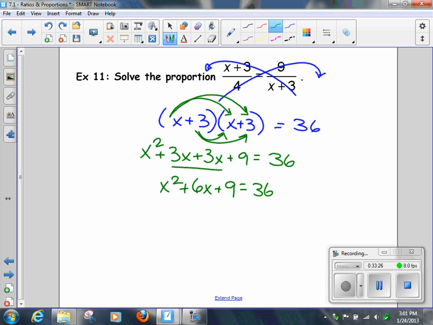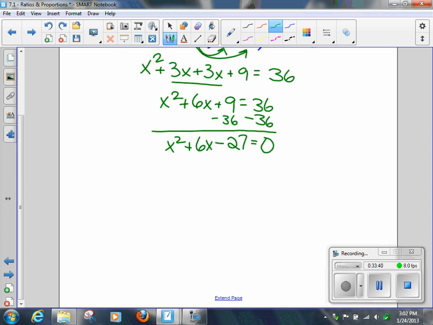Then I subtract 36. Now, some of us went another way, and that's okay as long as we end at the same spot. Subtract 36 from both sides, and you get x squared plus 6x minus 27 equals 0. Do you guys agree with that? Okay, here we go.